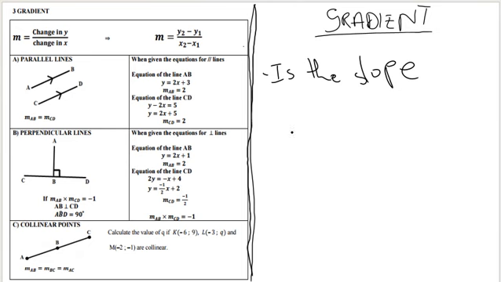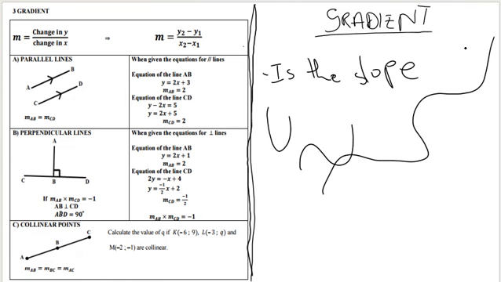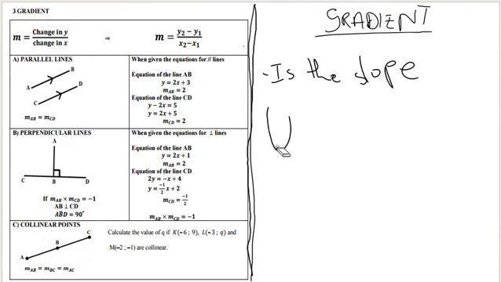Let me just say it's the slope of a function, because even this curve or function has a gradient. Even this one has a gradient. So all functions have gradients, but we're not there as yet. We'll also do trigonometry, but for now we're still focusing on analytical geometry.